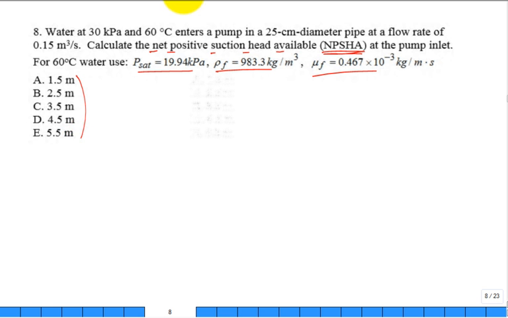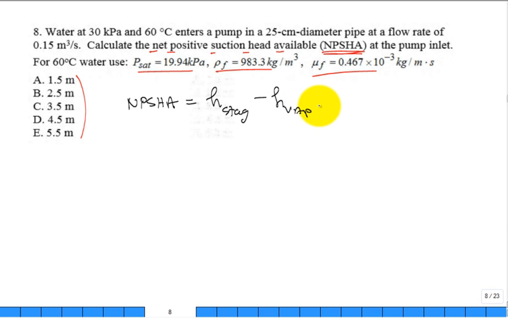So we want to calculate the net positive suction head available. Well, you guys have to remember what that is. It's our head. I'm going to use lowercase h for head, and it's called stagnation head minus the head vapor.